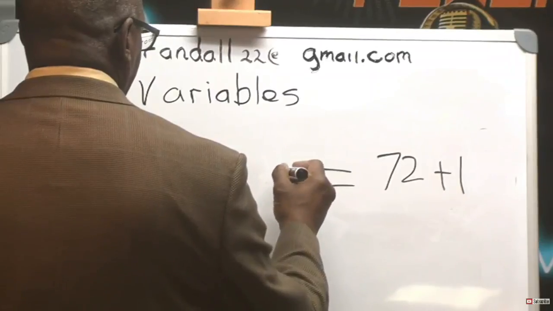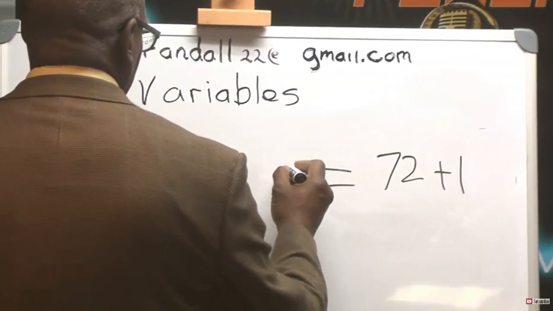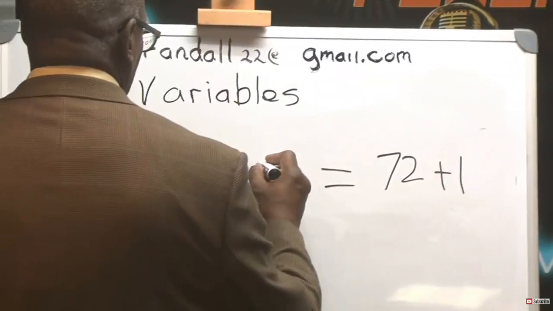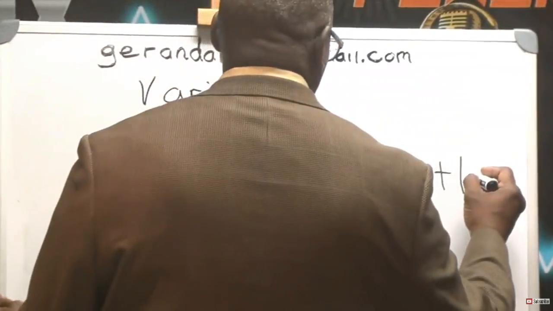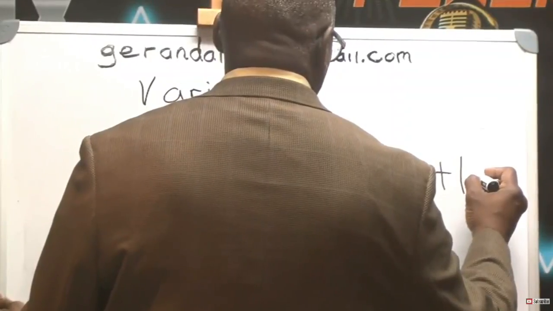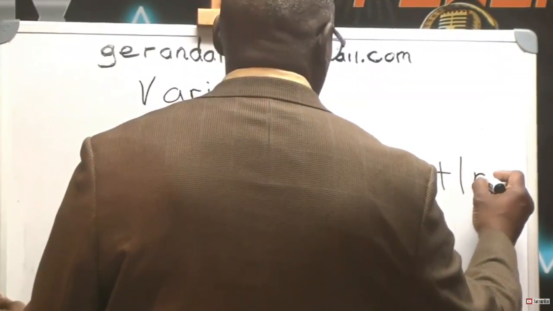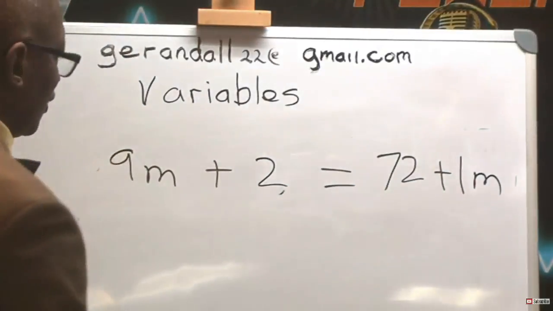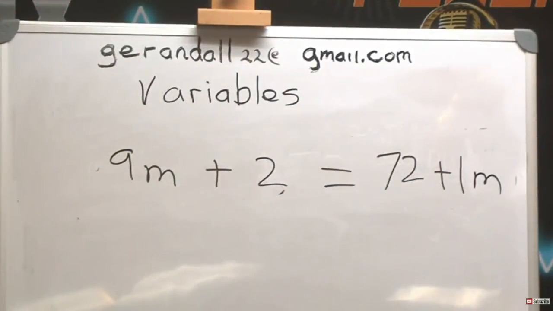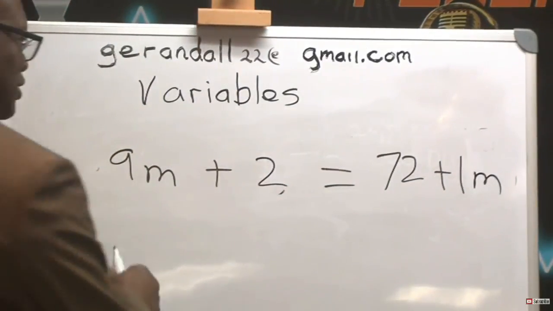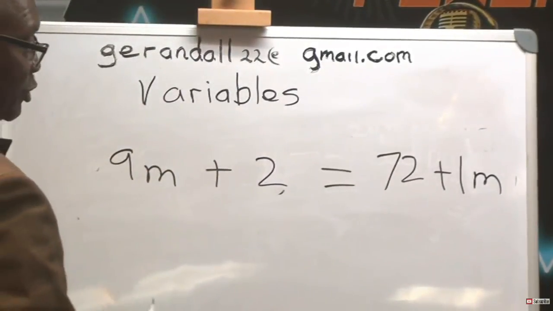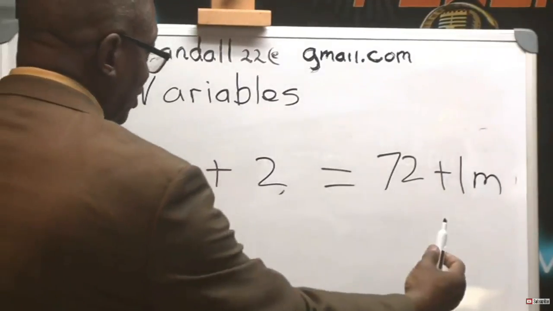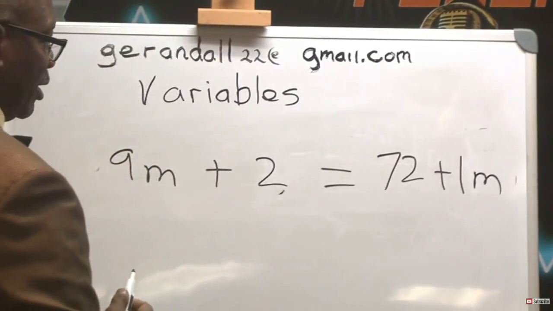We're going to make this a 2, and this just m, 1m. And you've heard me say before, whatever you do to one side of the equal sign, you must do to the other, because the original equation would have to be equal.